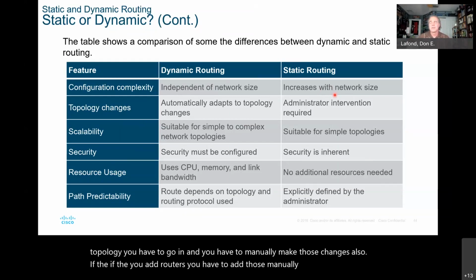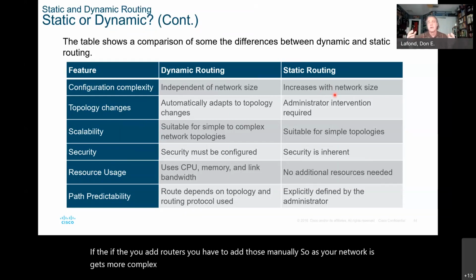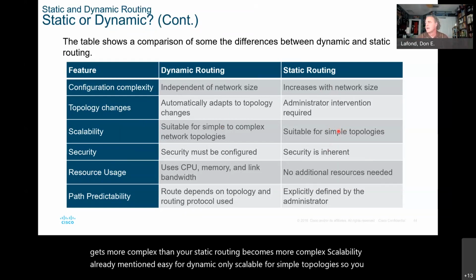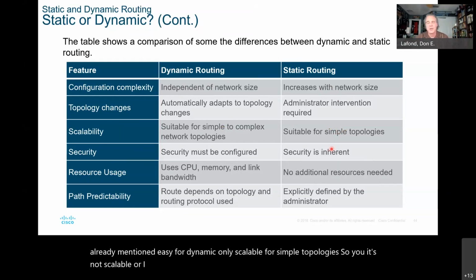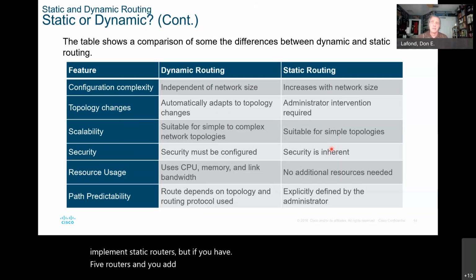So as your network gets more complex, your static routing becomes more complex. Scalability, I already mentioned: easy for dynamic, only scalable for simple topologies. If you have one router and you add a router, yes, you can implement static routes. But if you have 5 routers and you add 5 routers, now it becomes really complex. As a matter of fact, 5 routers is complex.